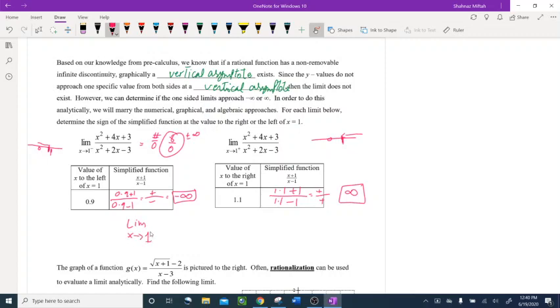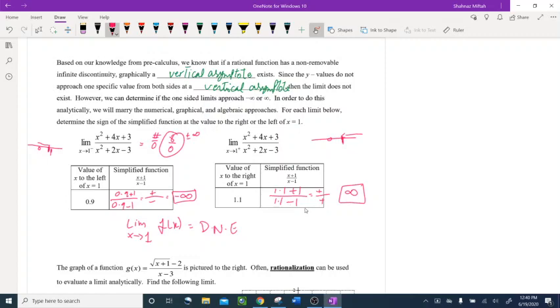I didn't mention left and right because if they don't mention left and right and you still get a number over 0, then you have to give them left and right limits. Otherwise, it's not going to work. And then f of x, whatever that function was, does not exist. And why? Because the limits from the left and right are not equal.